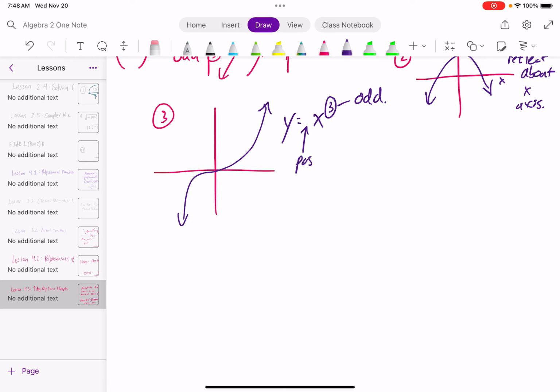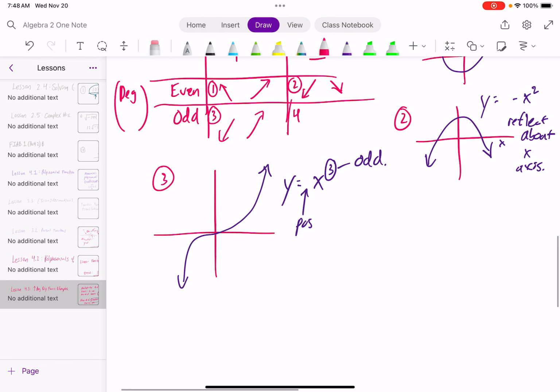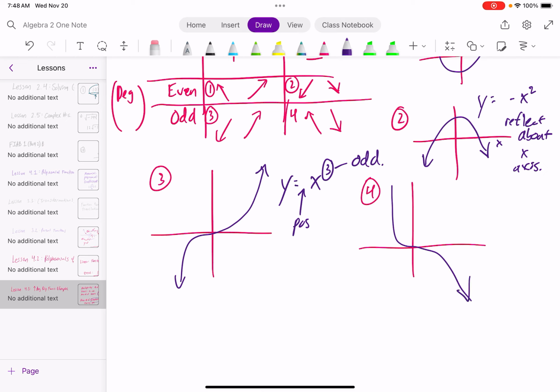For case 4, they're just switched. So this would be case 4. It's going to look like this.